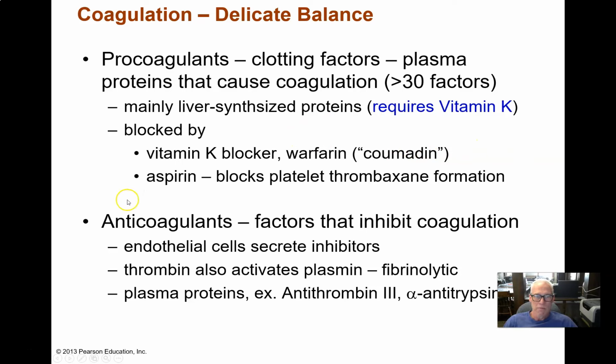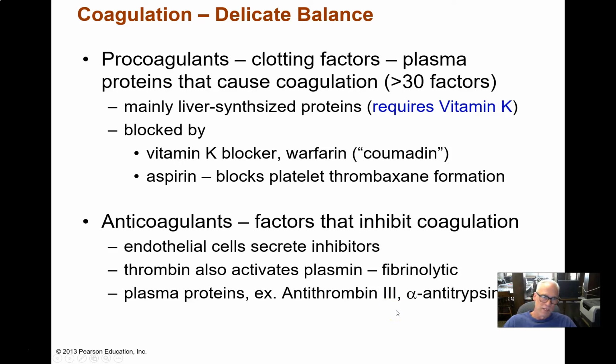Well, in your blood are plasma proteins whose sole purpose is to block enzymatic activity. Serine proteases, these are called, and antithrombin III and alpha-antitrypsin. As spontaneous activation of clotting factors occurs, which it does occasionally, then these proteins will capture those and block those enzymatic events so that you don't have coagulation when you don't want it.